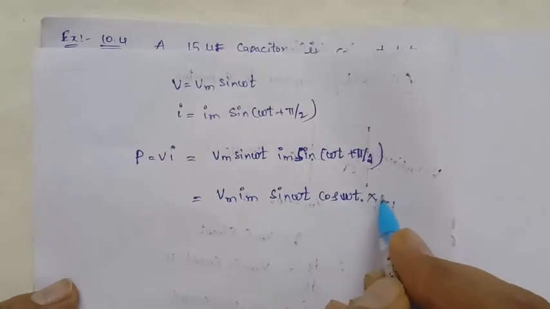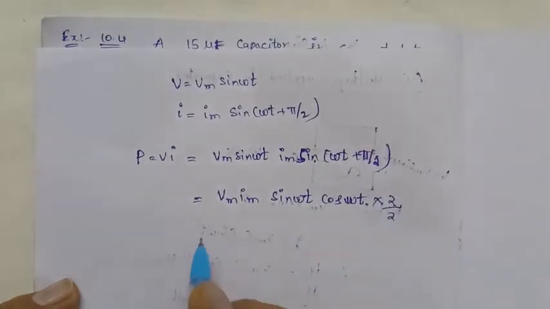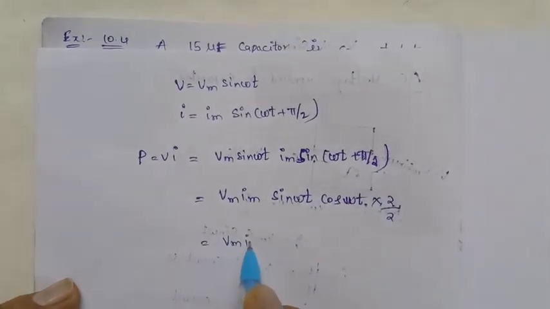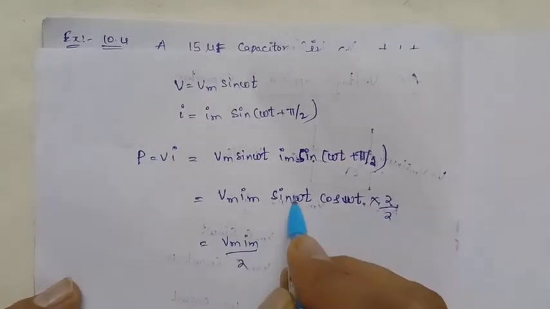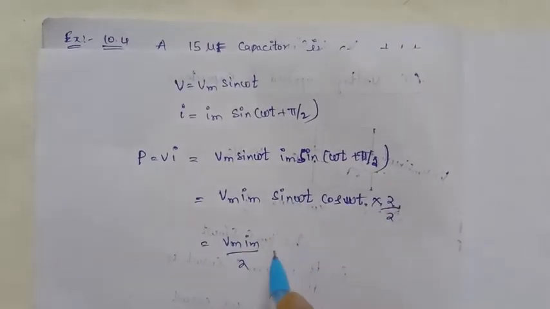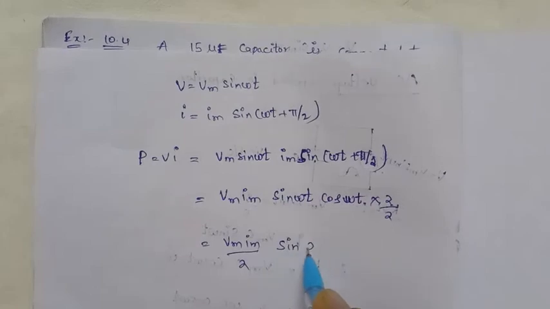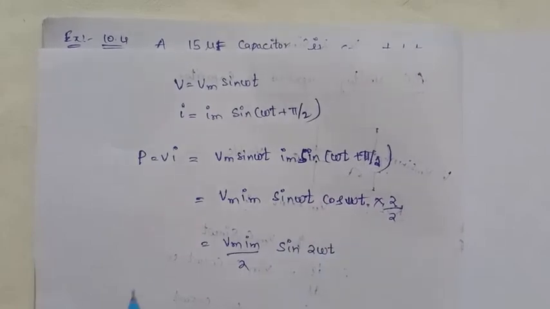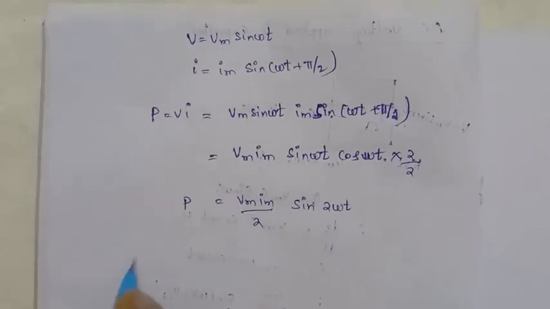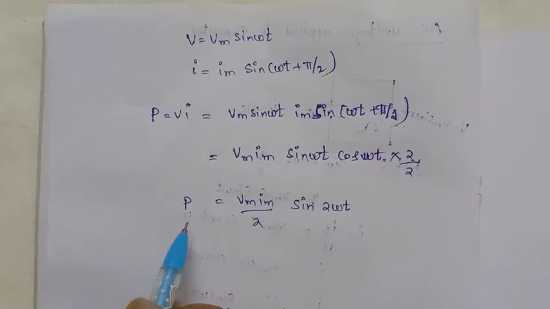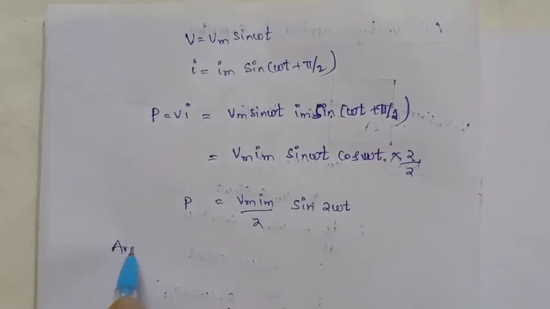This equation is multiplied and divided by 2. Then Vm Im upon 2 times sine omega t cos omega t is nothing but sine 2 omega t. It is the instantaneous power. Then what is the average power for one complete cycle?